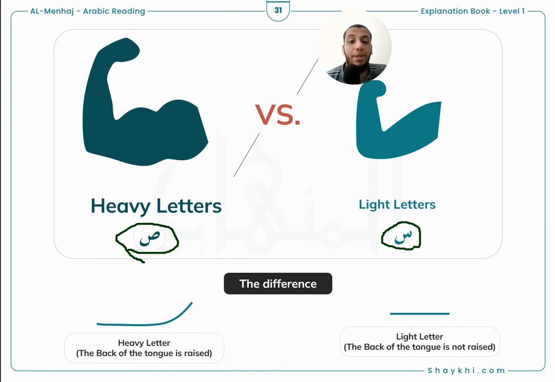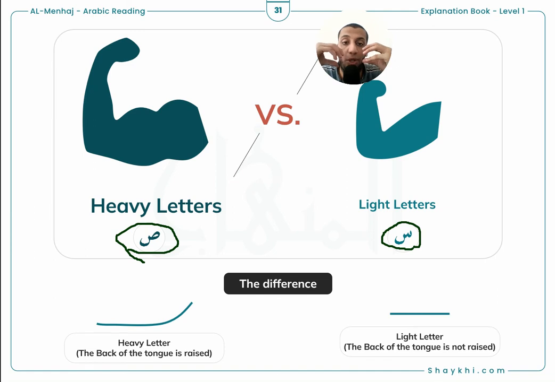So when we speak about the heavy letters and the light letters, we speak about the movement of the back of the tongue. If it's raised, the letter will be heavy. If it's not raised, the letter will be light. One of the common mistakes here, among some Quranic students, and not just among non-native Arabic speakers but also among native Arabic speakers themselves, is that they think that for a heavy letter we change the shape of the lips or the mouth, and for a light letter we do not.